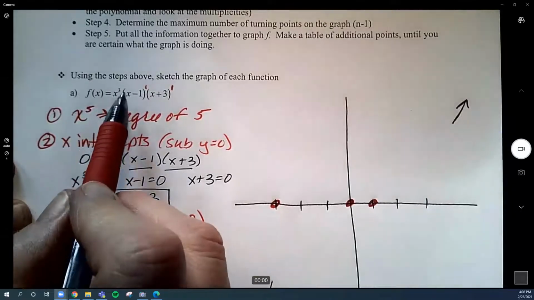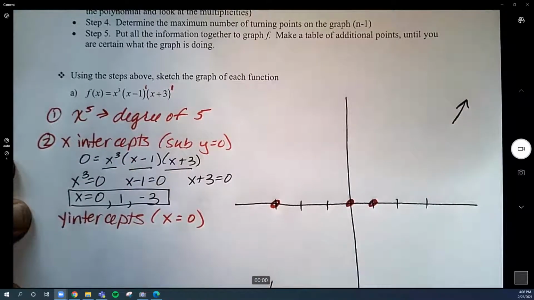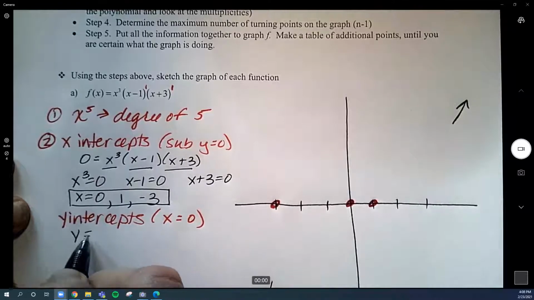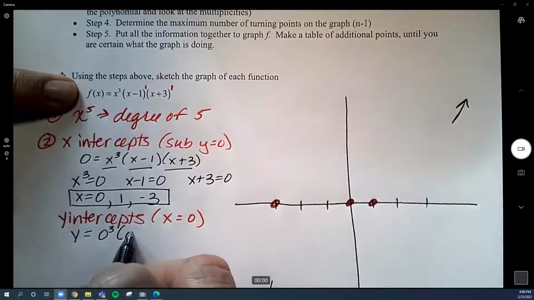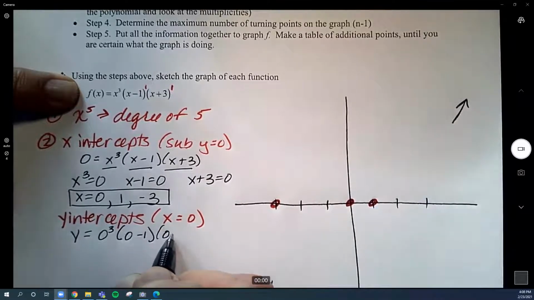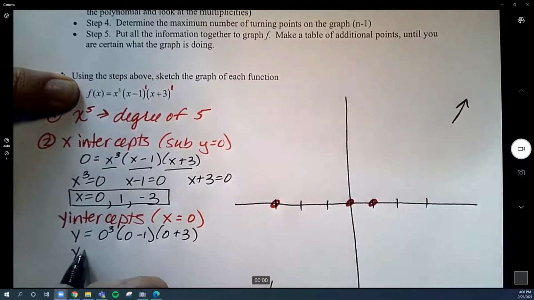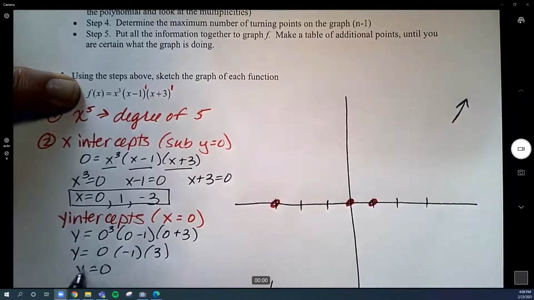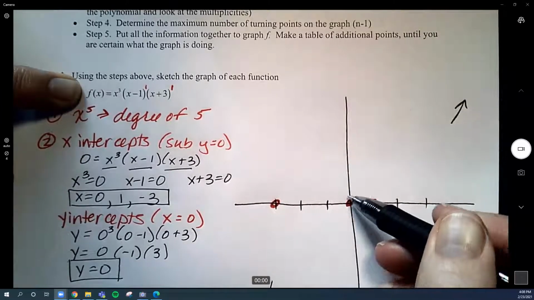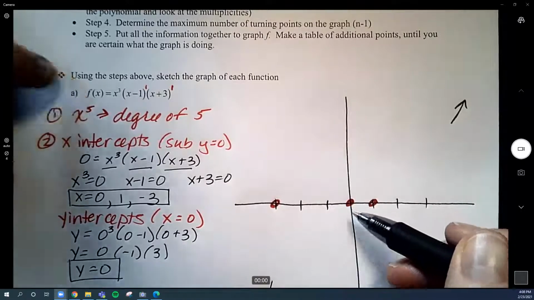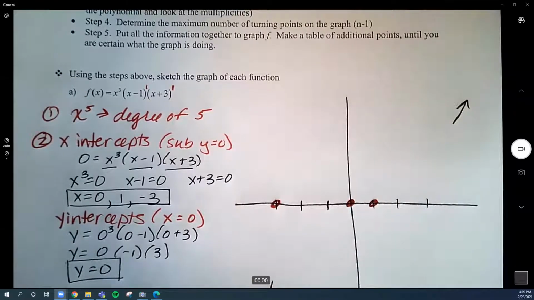So if we plug x is 0 into all of these positions, we have y equals 0 to the 3rd power times 0 minus 1 times 0 plus 3. So y equals 0 times -1 times 3, which is in fact 0. So I will have a y-intercept at 0, but I already have that point there since it was the origin.